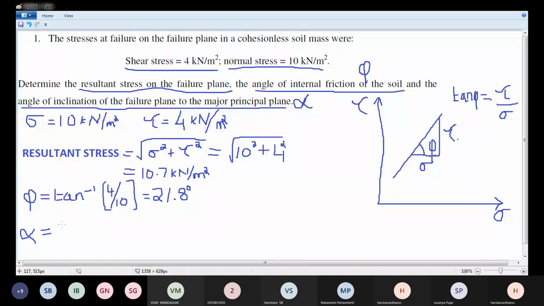Failure angle is given by 45 plus phi divided by 2. So phi is equal to 21.8 degrees. Substitute that value here and you can easily calculate alpha.